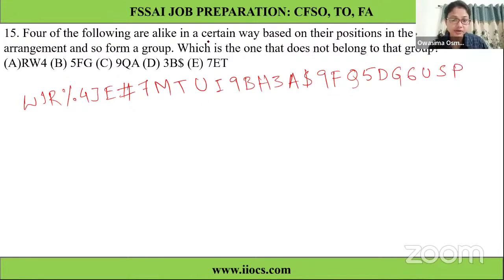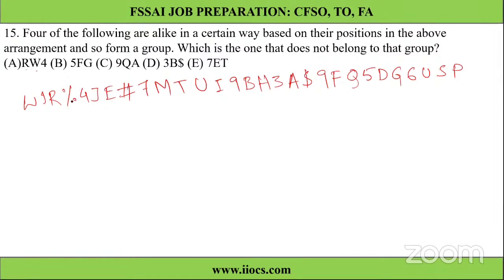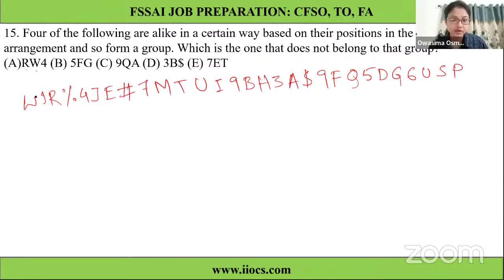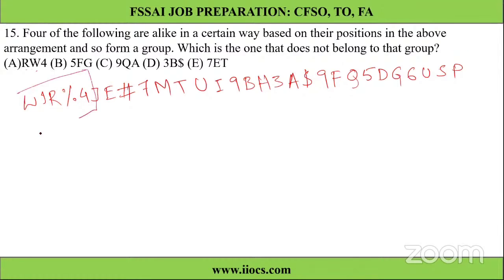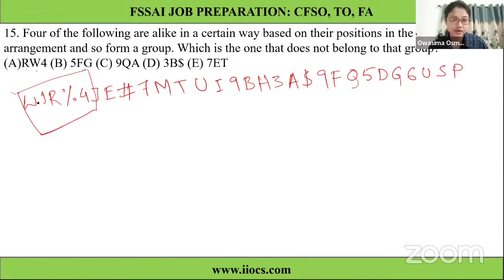Four of the following are alike in a certain way based on their positions. So our first option is RW4. Ma'am, option D. Okay, let's check RW4. So we are considering up to this series.